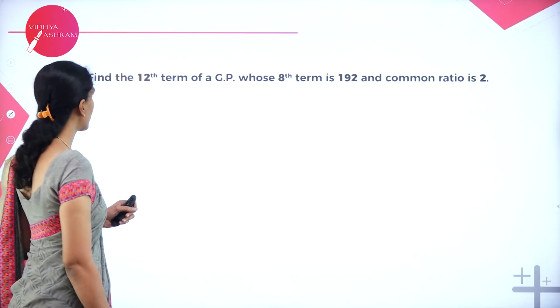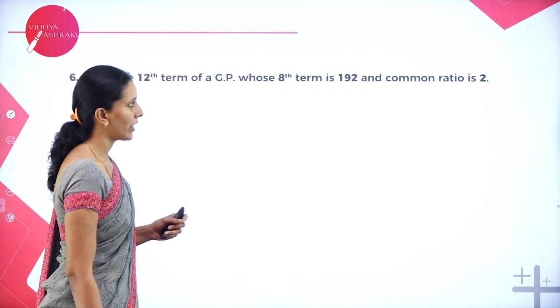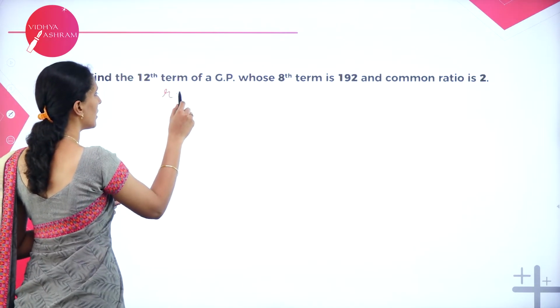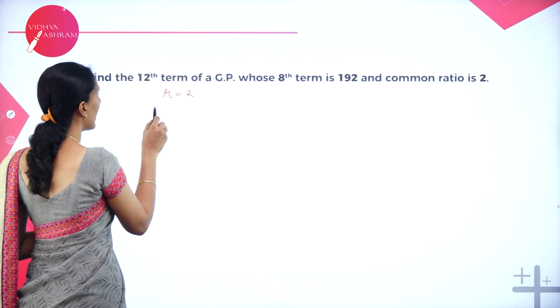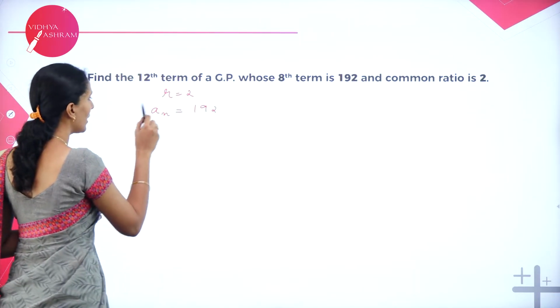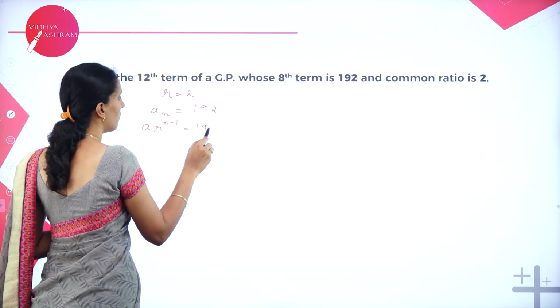The next question is given. Find the 12th term of a GP whose 8th term is 192 and common ratio is 2. So they have given r is equal to 2 and a8 is equal to 192. So how can an be written? a r to the power n minus 1 is equal to 192.